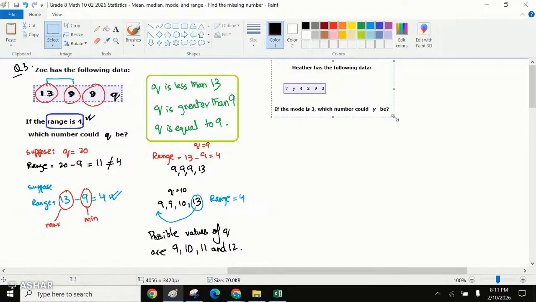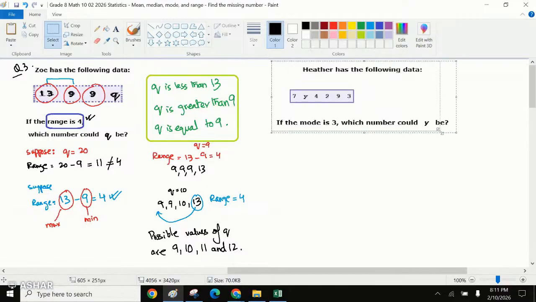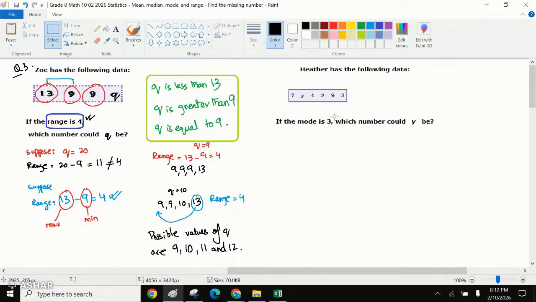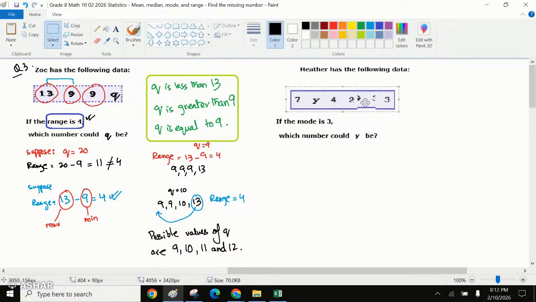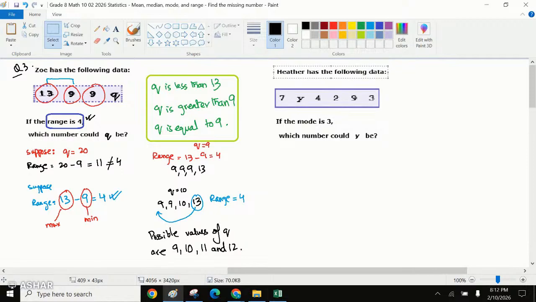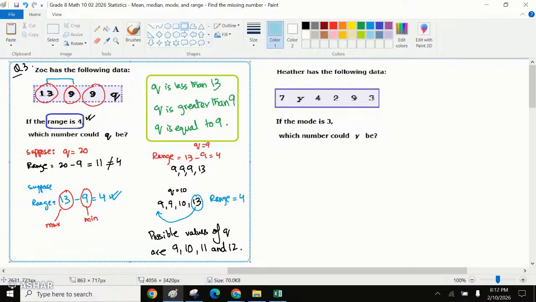Question number 4. The question number 4 says, just a moment, please. In this case, the mode is given to us. And we know about mode that mode means most repeated number. Agreed? I'll just put it in a separate box. Okay.